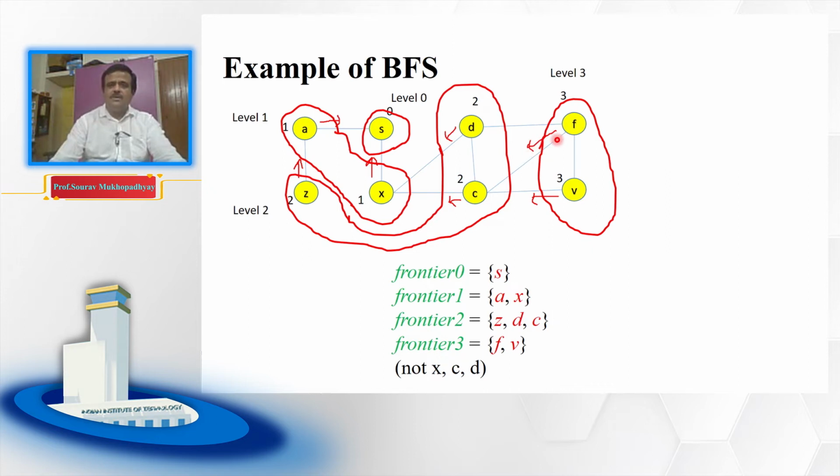It will give us the shortest path from S to that node, because from F, if we follow the parent pointer, we come here, then we follow the parent pointer again, and so on. In this reverse way, it gives us the shortest path. This will work for a directed graph also.